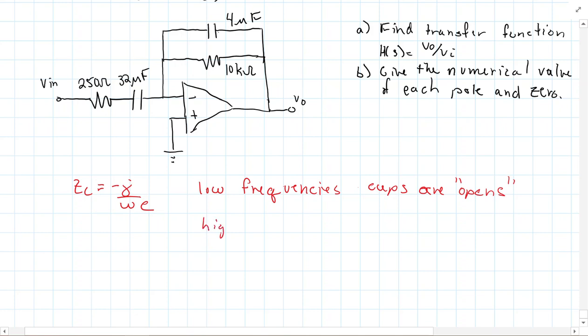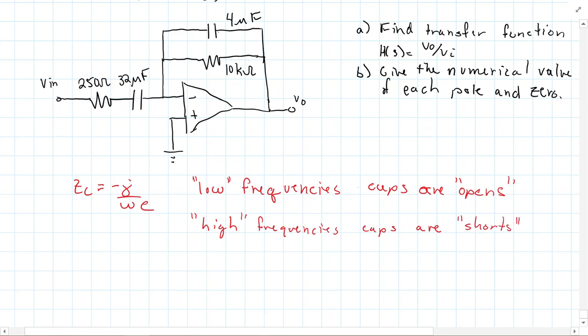At high frequencies, and I'll put the low in quotes too, because that depends on the size of the capacitor and also the frequency you're operating at, because low frequency could mean kilohertz, low frequency could mean hertz, so it really depends on the circuit that you're looking at and the application. So at high frequencies, caps are shorts.